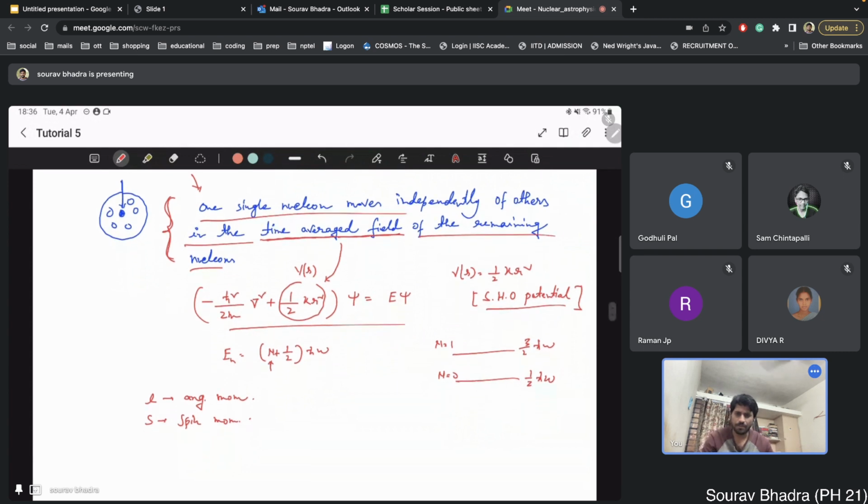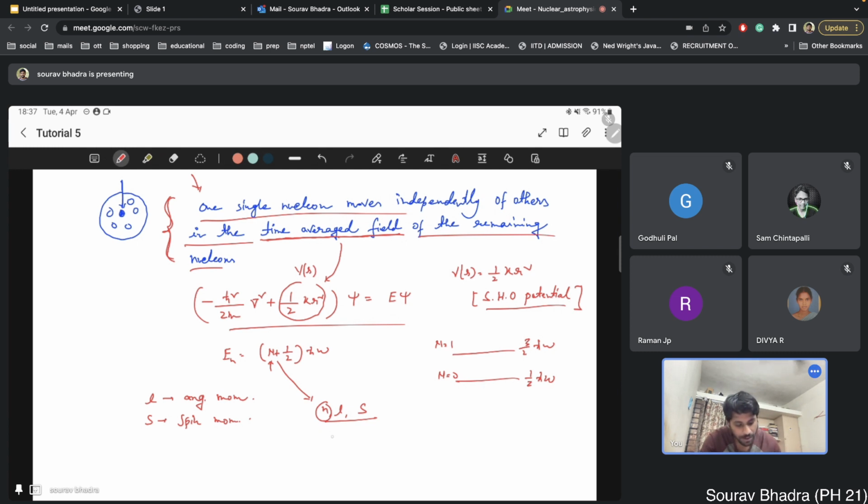So the more final understanding is that, similar to the electron, the nucleons inside the nucleus will also have discrete energy levels, which can be written by N, L, S. That is the main understanding. This N is associated with the capital N which was in the simple harmonic oscillator.